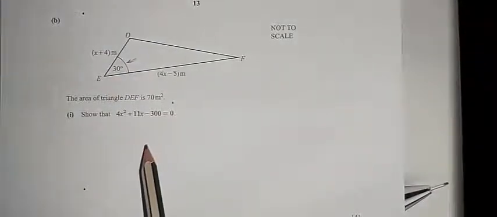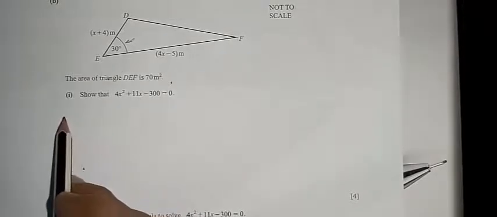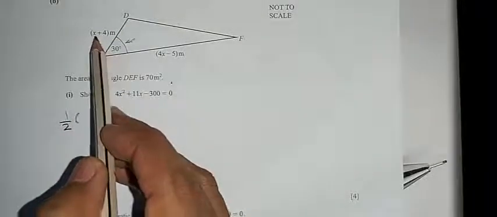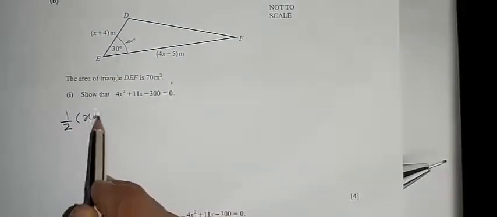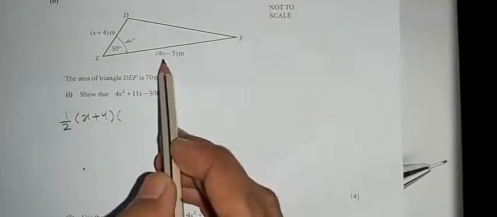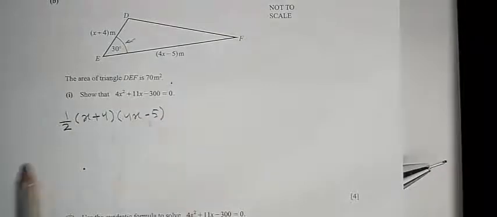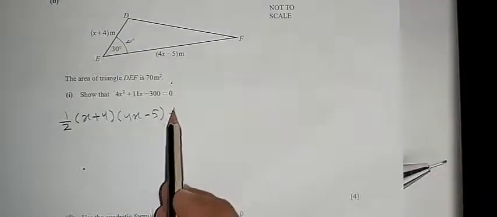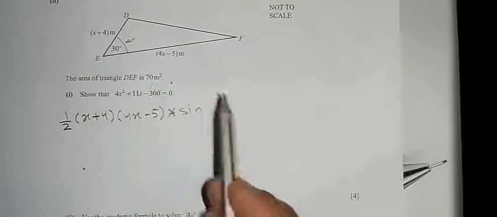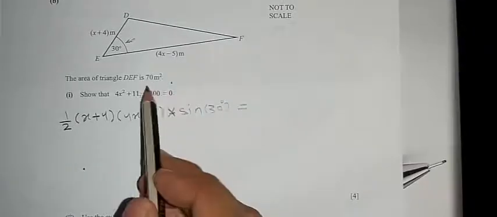So we can write half times the first side, x plus 4, times the second side, 4x minus 5, times sine of the angle 30. This equals the area, 70.